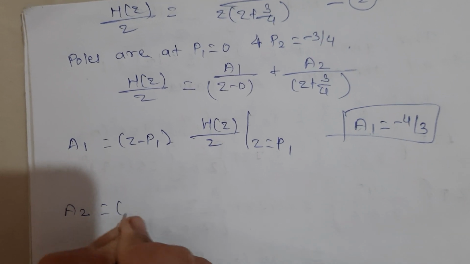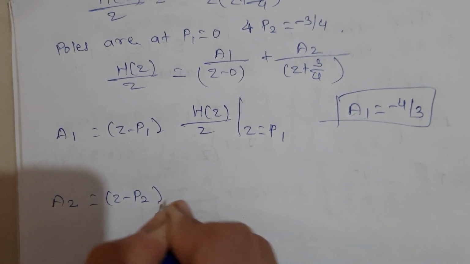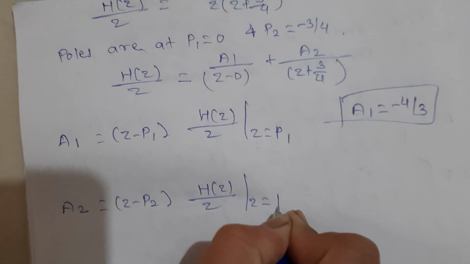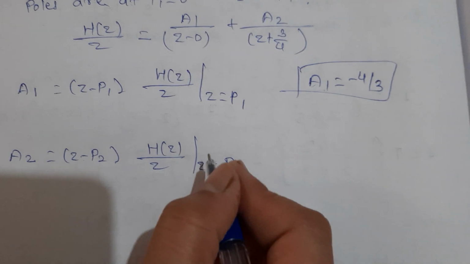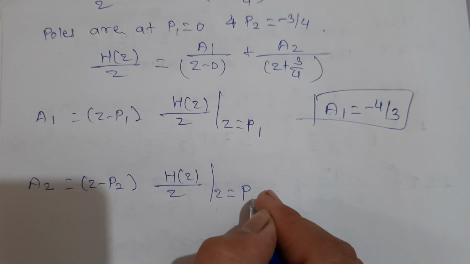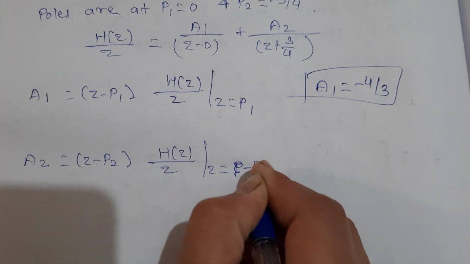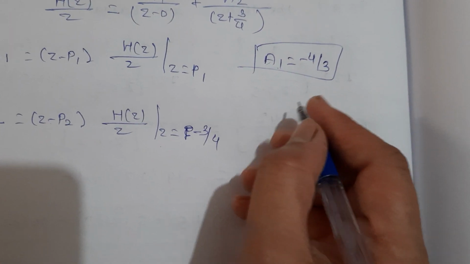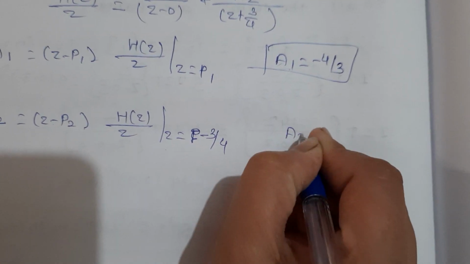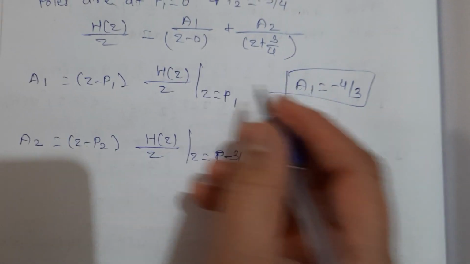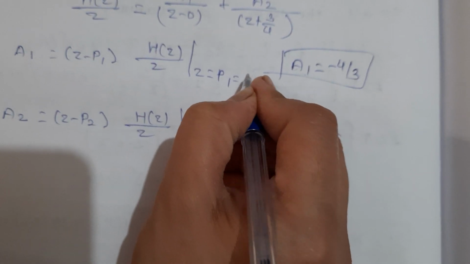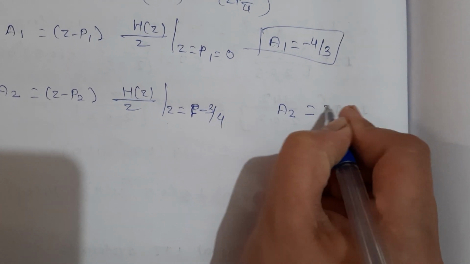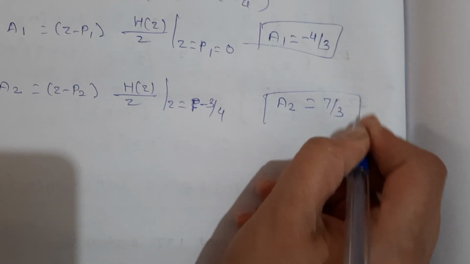A2 is equal to (z - p2) H(z)/z at z equal to -3/4. So we substitute these values and we get A2 is equal to 7/3.